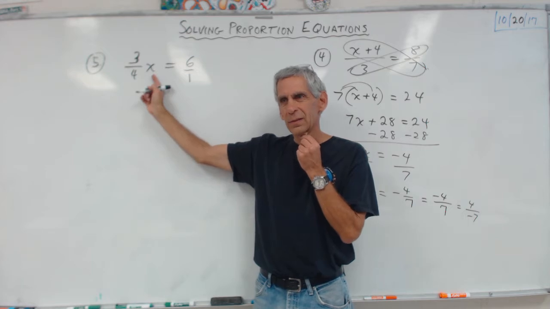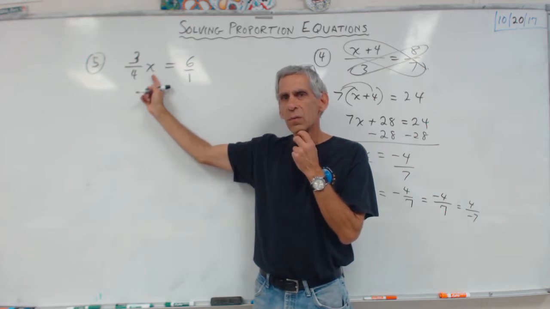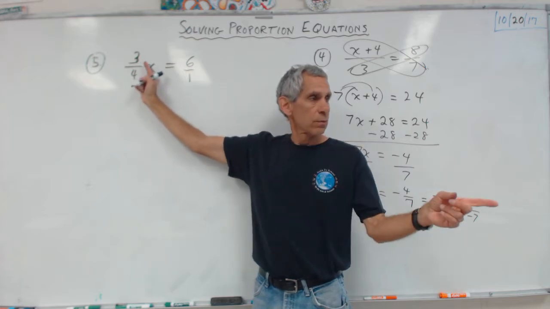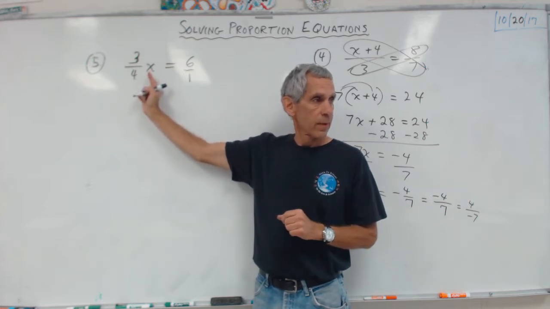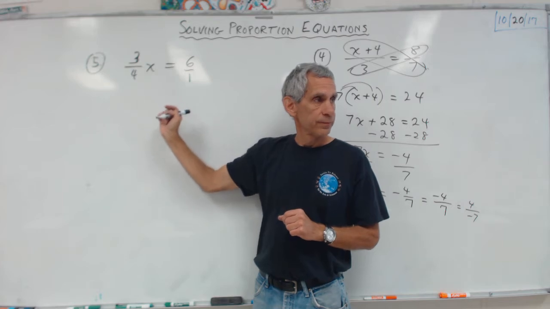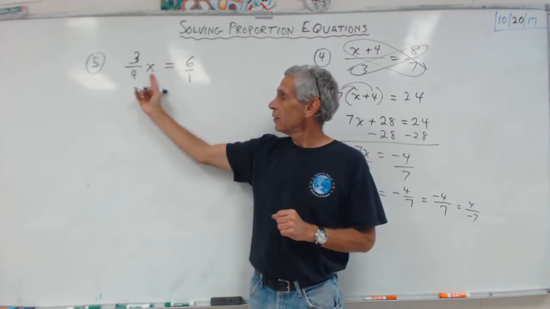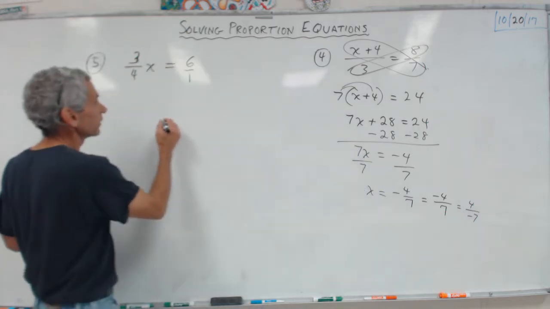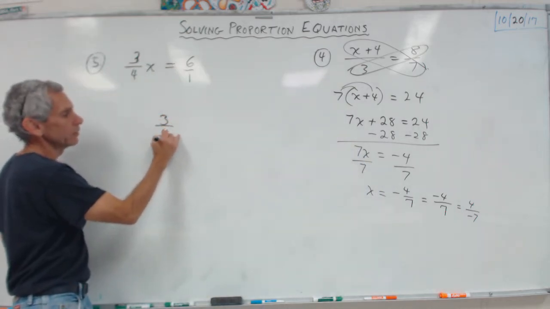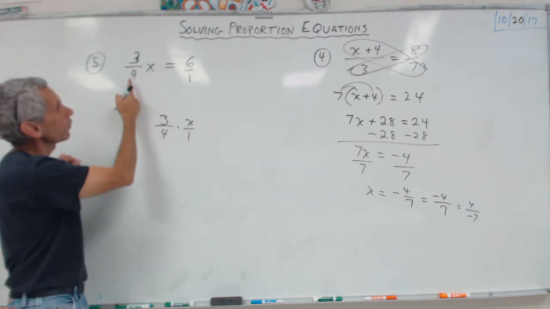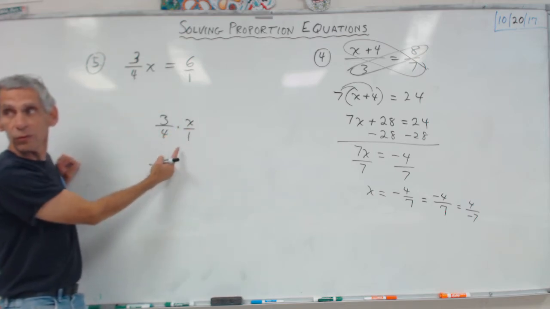Kill it. You put the x next to the 3. Why would I put it upstairs? So, remember when you're multiplying something times a non-fraction, it's really this, right? 3/4 x is the same as 3/4 times x over 1.